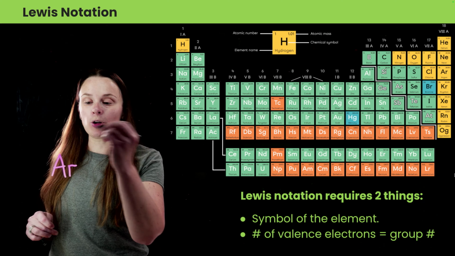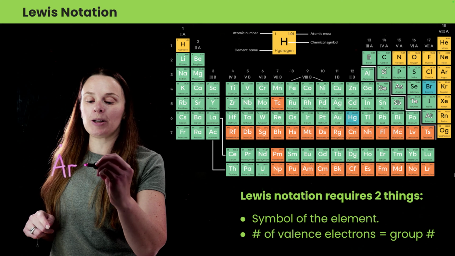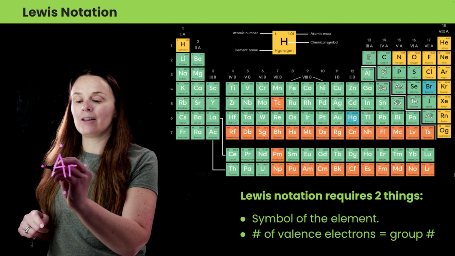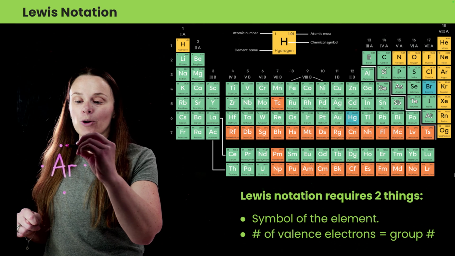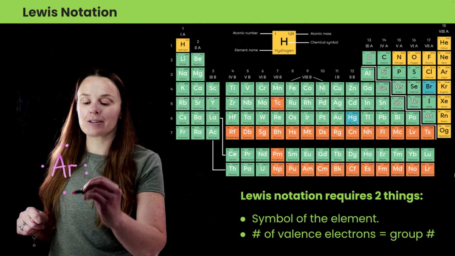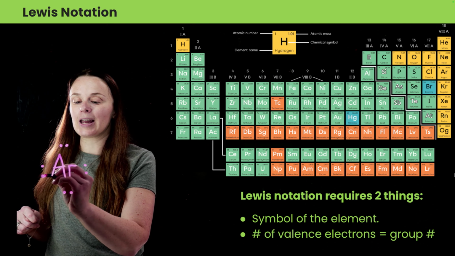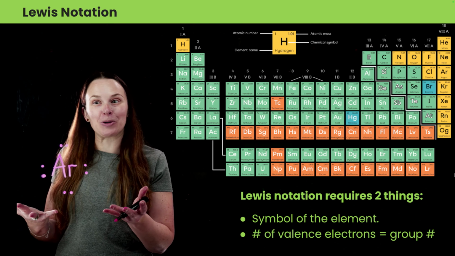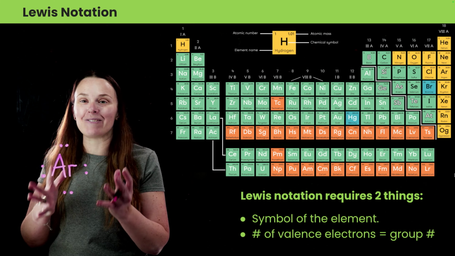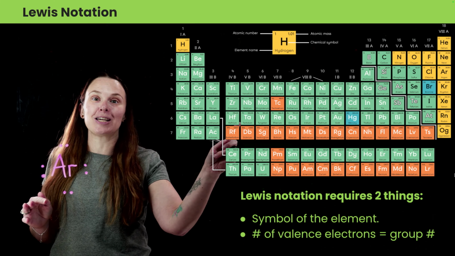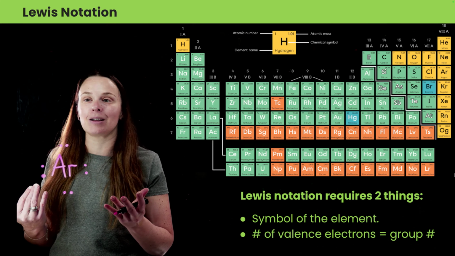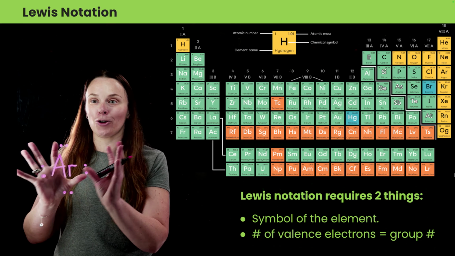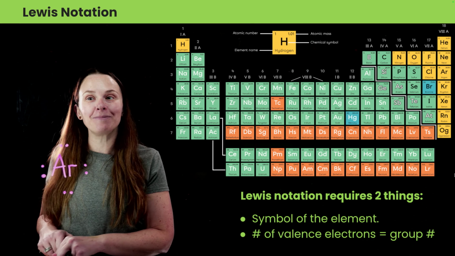As a general rule, you go around just like we did with carbon, 1 on each side, and then you go back and do your 5, 6, 7, 8. So this is generally what a Lewis diagram will look like with 8 valence electrons. And as you can see in the periodic table, you're not going to get more than 8 valence electrons. So that is a full dot diagram of argon.